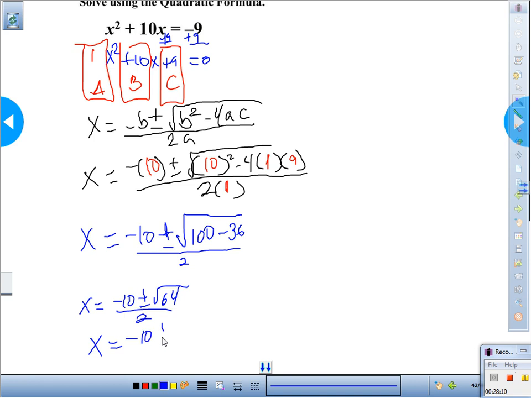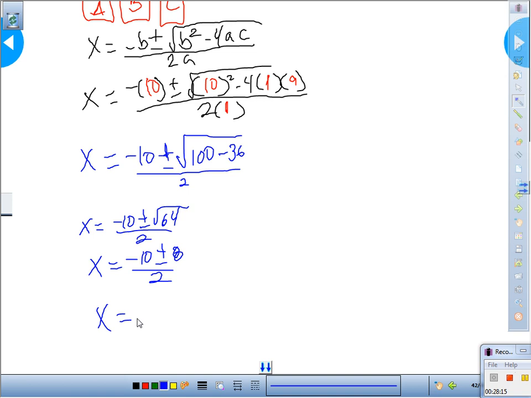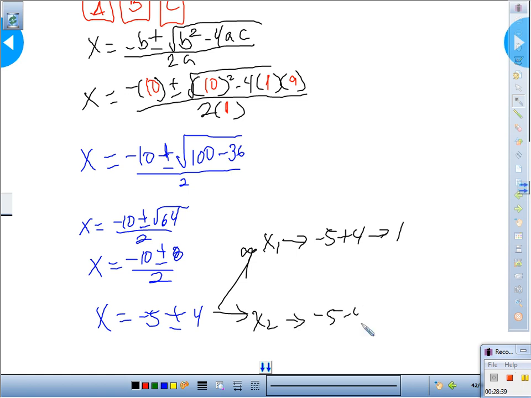X equals negative 10 plus minus 8 over 2. That gives us x equals negative 5 plus minus 4. X sub 1 is negative 5 plus 4, which is 1. And x sub 2 is negative 5 minus 4 equals negative 9. Solution. I did that to see if you were paying attention.